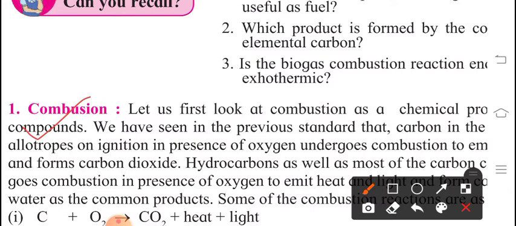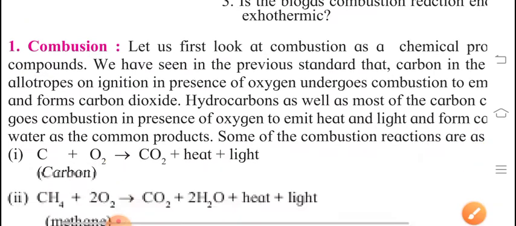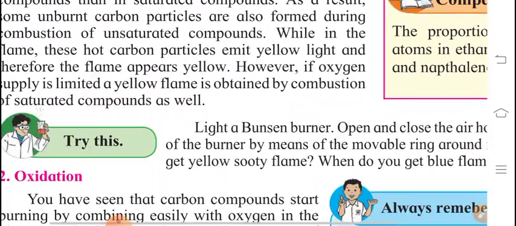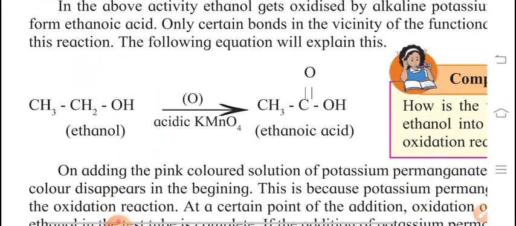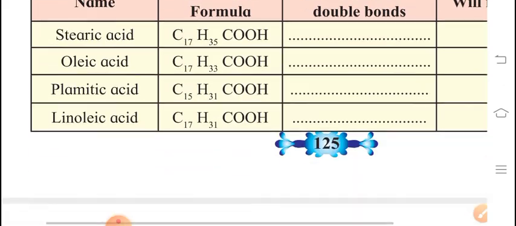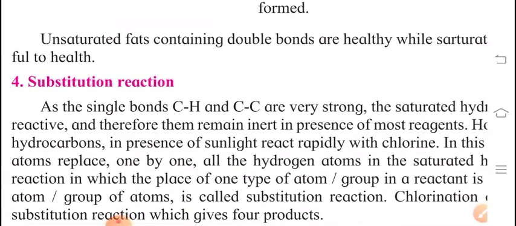We will discuss in detail later on. First we will see how many types of properties there are. So first one is combustion. Second, oxidation. Third, addition reaction. And fourth one is substitution reaction.